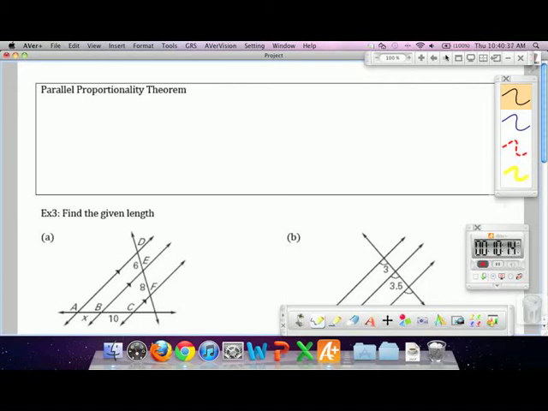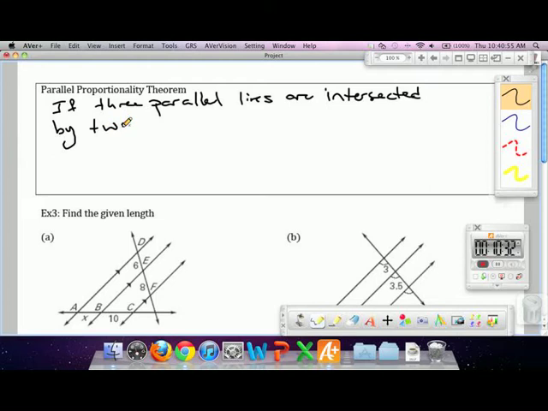But it says the following: if three parallel lines are intersected by two distinct transversals. Distinct meaning different. Just two different transversals.